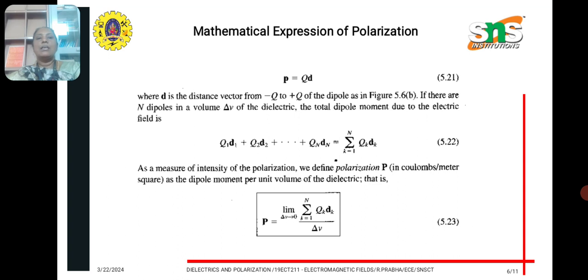This is given as the summation for k equal to 1 to n of Qk dk. The measure of intensity of the polarization is defined as the polarization P, the dipole moment per unit volume of the dielectric, given by P equal to limit del V tends to 0 of summation k equal to 1 to n Qk dk divided by the total volume del V.